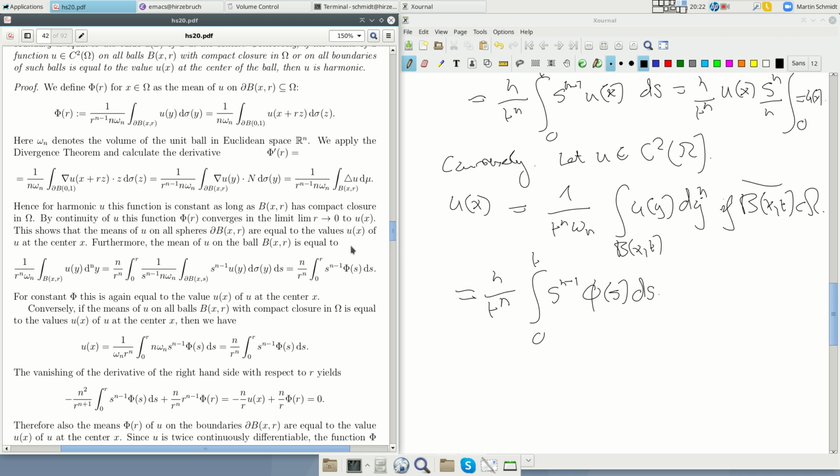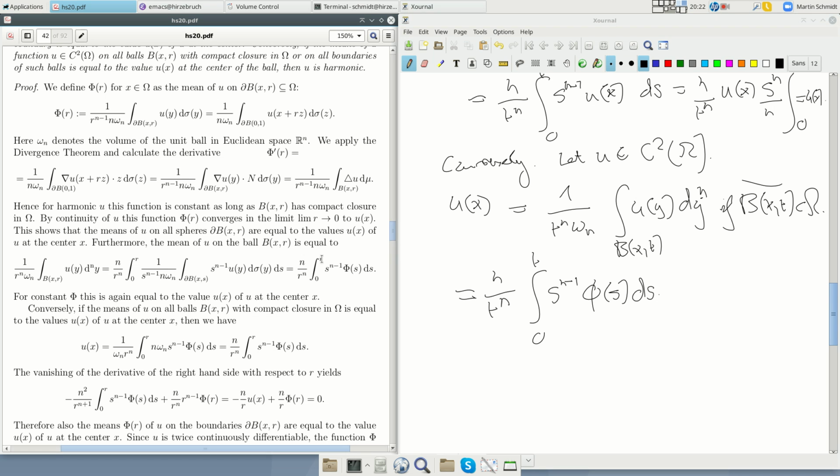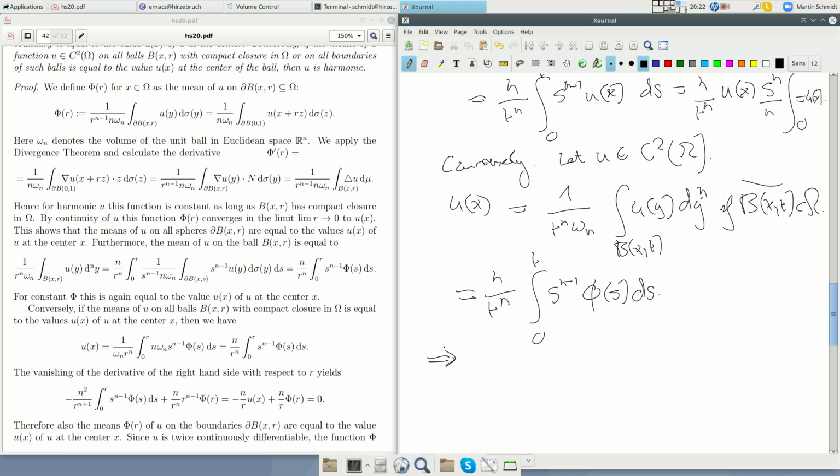Okay, so we now know that this equation holds, where phi is the mean over the boundary of the balls. Here, this we already derived. So this means d by dr of n over R to the n, integral from 0 to R of s to the n minus 1 phi of s ds, this is 0.